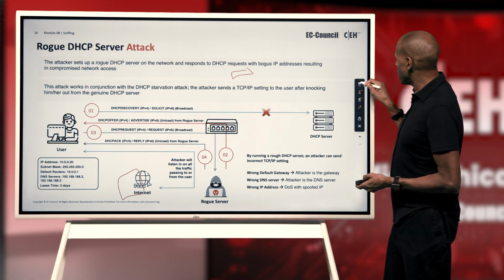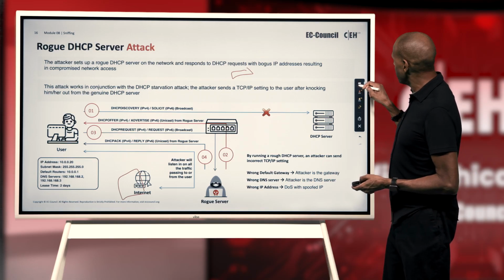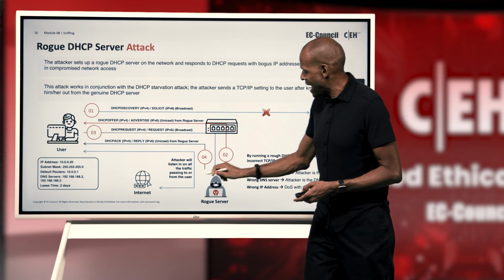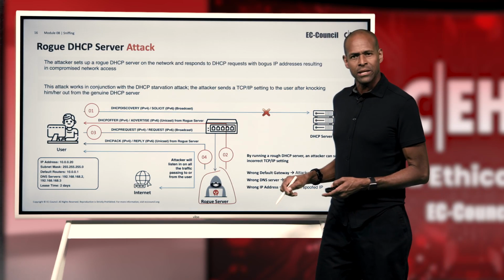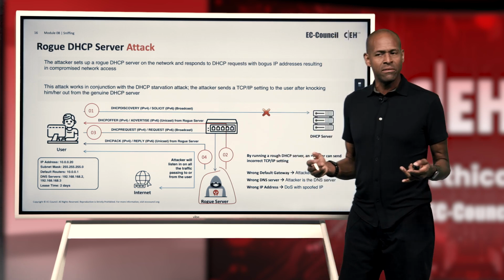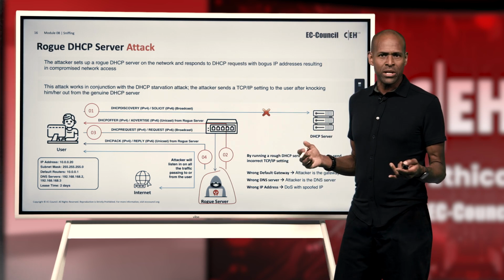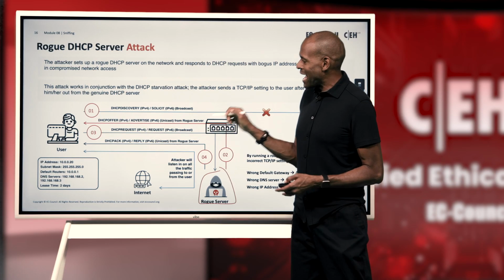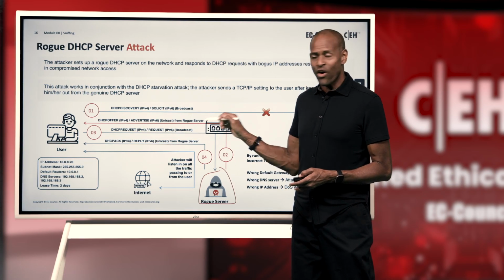And then for DHCP rogue server attacks, what I'm going to do, as the attacker, is set up a DHCP server. It could be in my laptop. It could be in a Raspberry Pi. It could be an app that runs somewhere. And all it has to do is answer the request first.